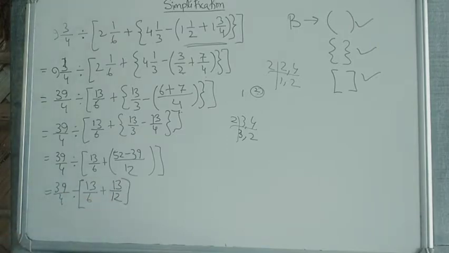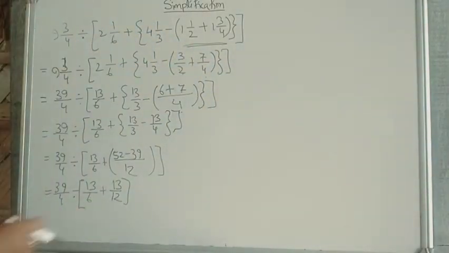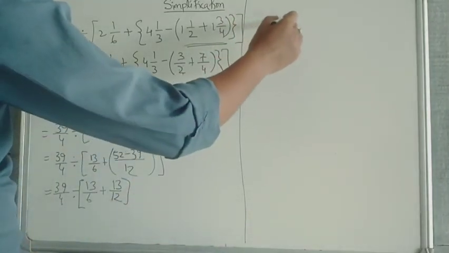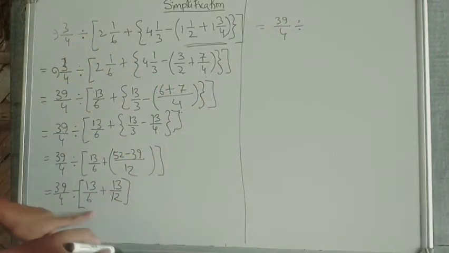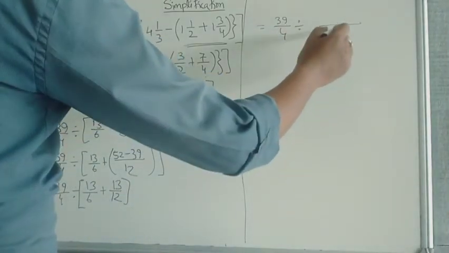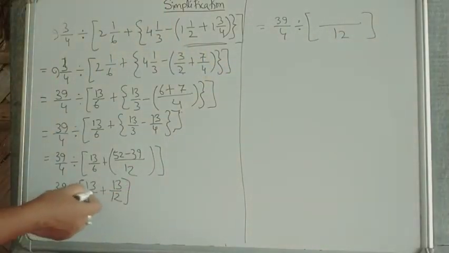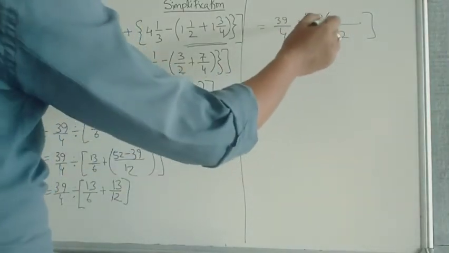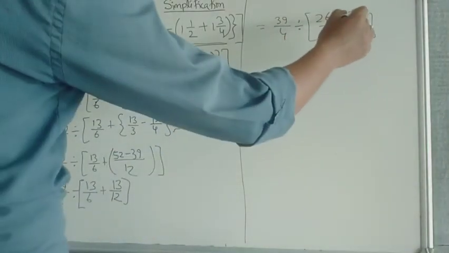Our last bracket remains. Now we'll solve this one. So 6 and 12, you take the LCM, so it becomes 12. 6 2 ja 12, 2 13 ja 26, plus 12 1s are 12, so just 13.